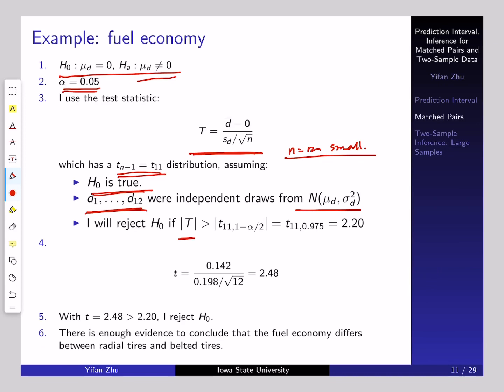So we will reject the null hypothesis if the absolute value of the test statistic is greater than this critical value.